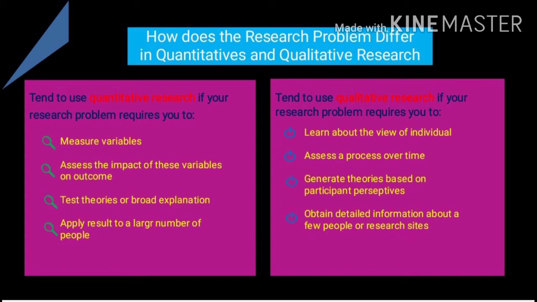Next, in quantitative research, you test a theory or broad explanation, and also apply results to a large number of people. Whereas in qualitative research, you use general theories based on participant perspective and obtain detailed information about a few people or research sites.